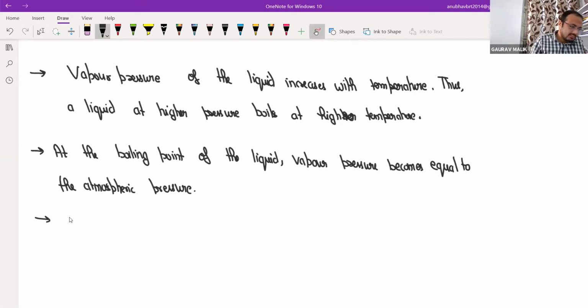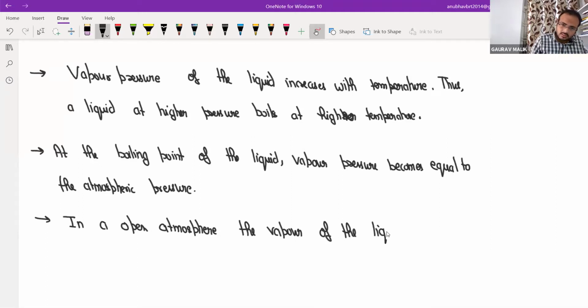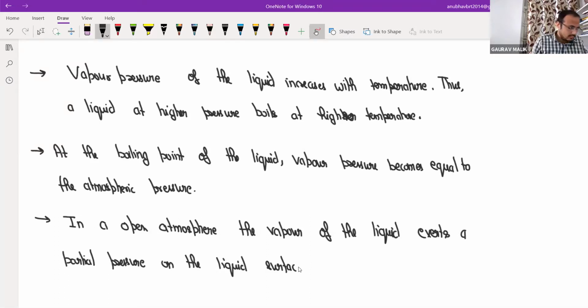Write down one more point. In an open system or in an open atmosphere, the vapor of the liquid exerts a partial pressure on the liquid surface, which is known as the vapor pressure of the liquid.